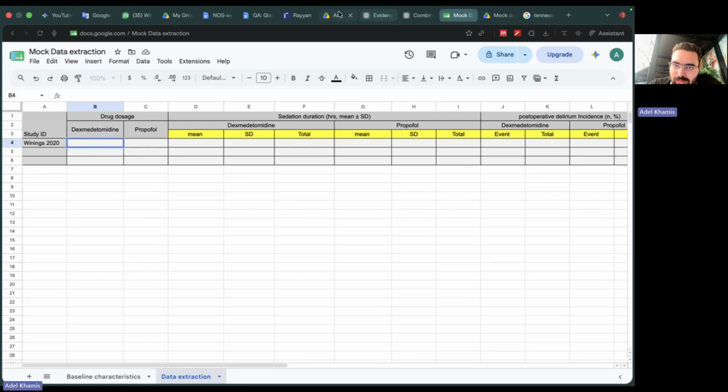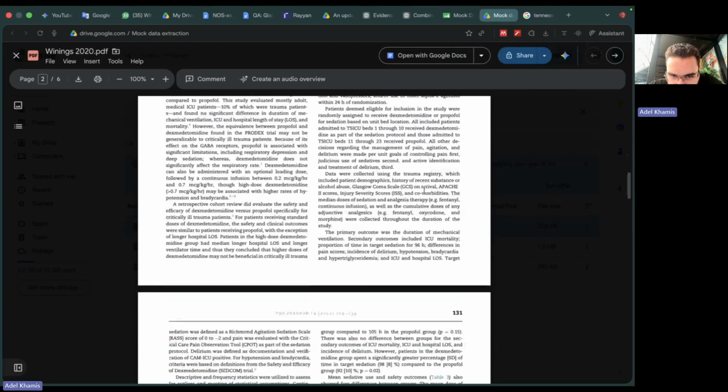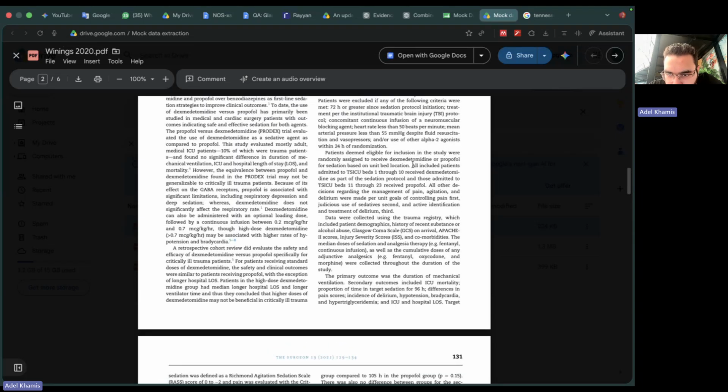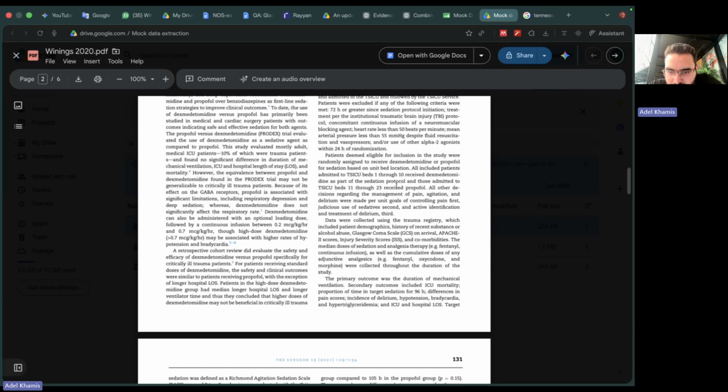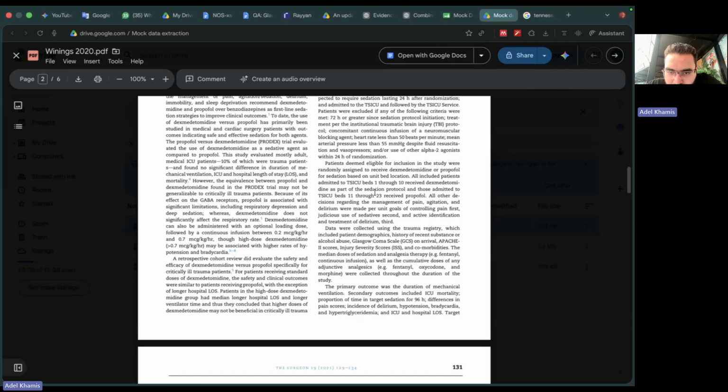So let us go to the article and see the methods here. I think I looked at it here. Yes. All included patients admitted to ICU beds 1 through 10 received the sedative as part of the sedation, and those admitted to beds 11 through received propofol. No, this is not it.